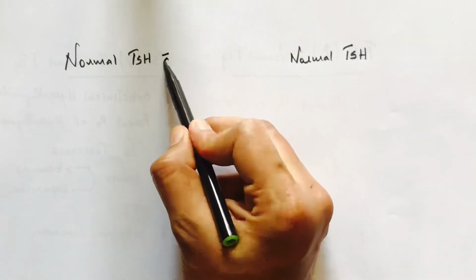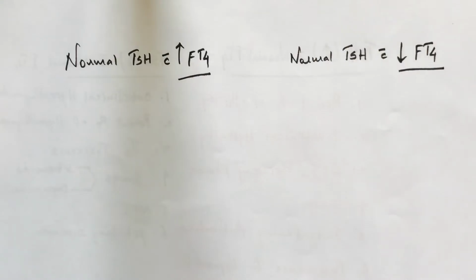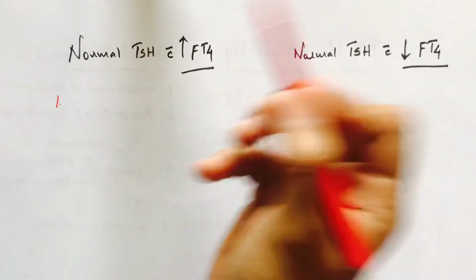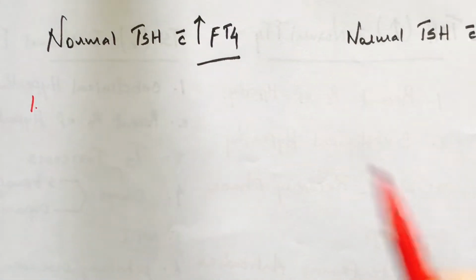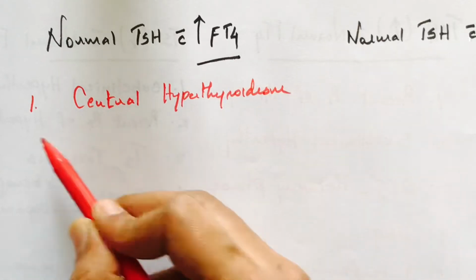Here we have conditions where there is normal TSH with increased and decreased free T4. So the TSH level is normal whereas the free T4 is increased. This is central hyperthyroidism.